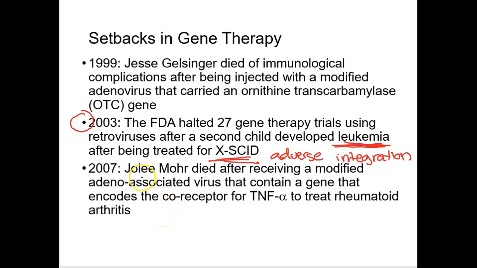But it turned out that this death was due to unrelated issues, so it was not caused by the gene therapy vector. And so then they were able to restart the trial.